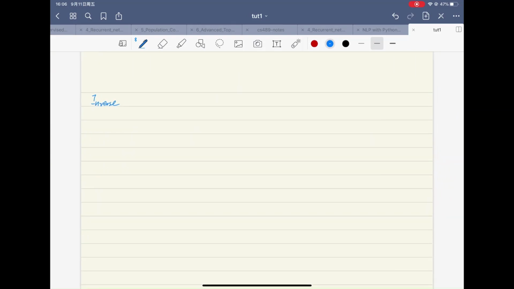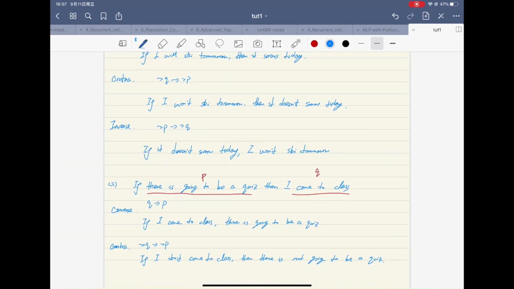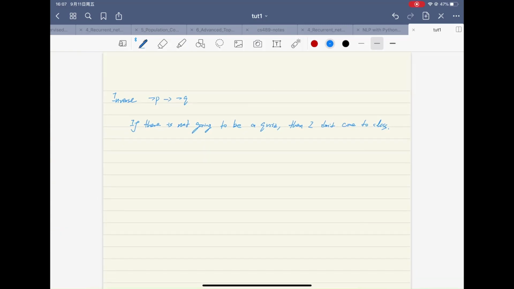So the inverse is just not P implies not Q. So the not P should be: if there is not going to be a quiz, and not Q should be: then I don't come to class. Right? Not P implies not Q.